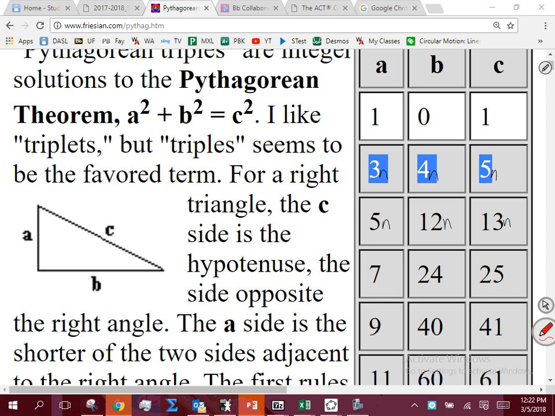Now, if I want to maintain the Pythagorean triple idea, we would want n to be an integer. All right? But if n is any real number, you still would end up with a right triangle. Does that kind of make sense?